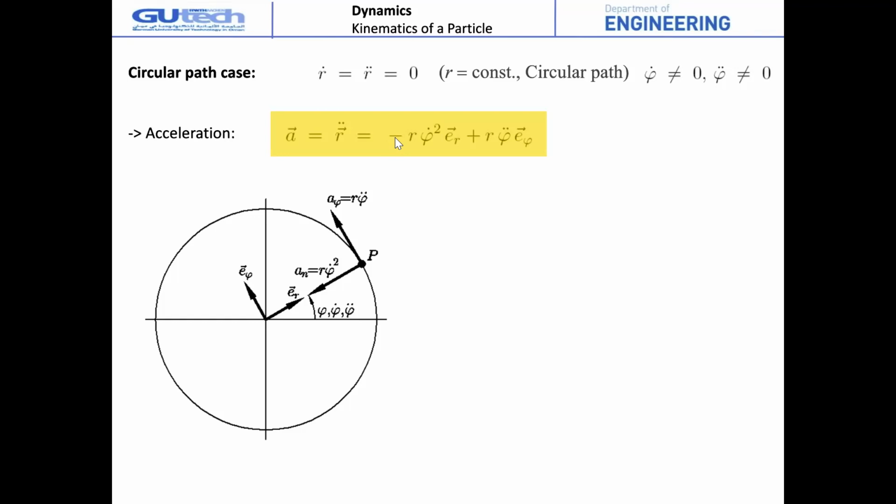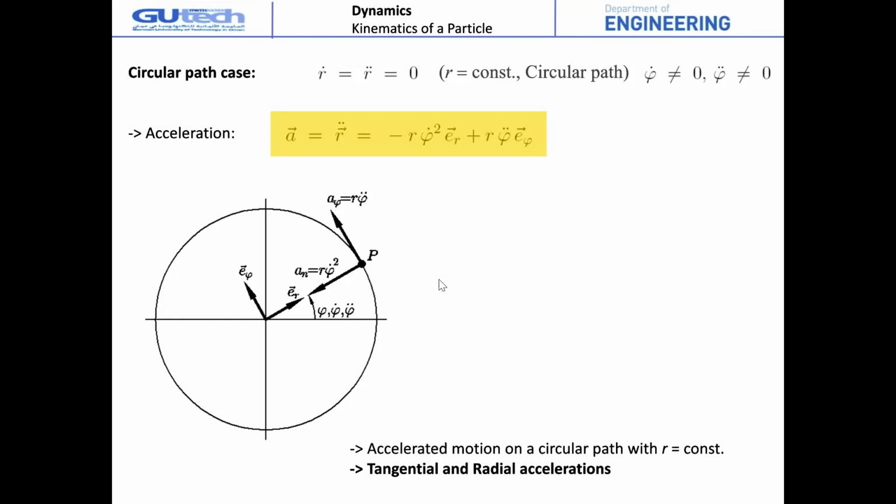This term has a minus sign, which means it is inward to the center of the circle. So there are two components: this one, which is tangential, and this one, which is radial, or normal to the circumferential or tangential one.